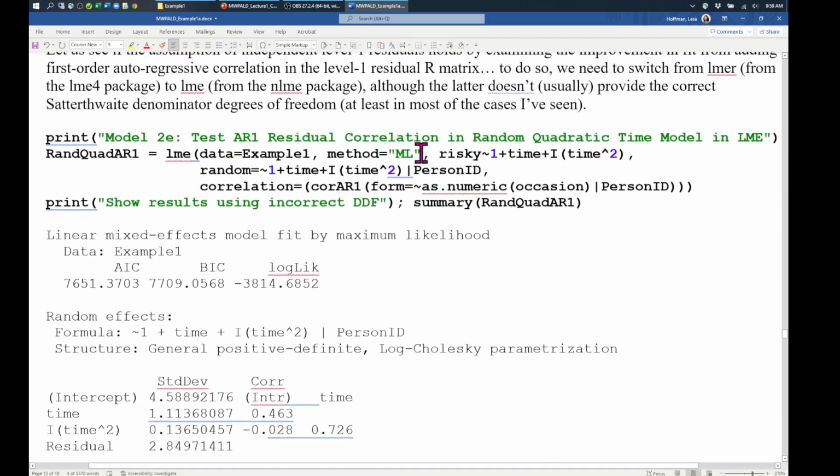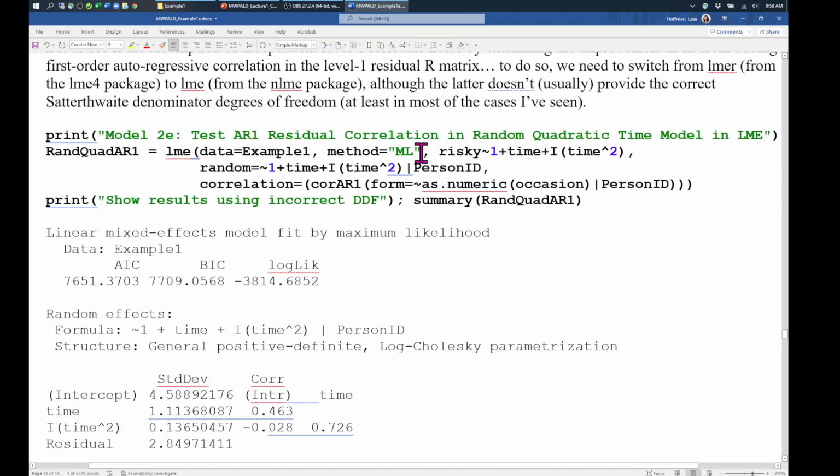But in order to do that, I've got to switch packages because lmer won't let me do that. So I'm switching to the lme function within nlme because that will allow me to have random effects as well as some kind of residual correlation over time. So the model is the same. This is my intercept, linear time, quadratic time as fixed effects.